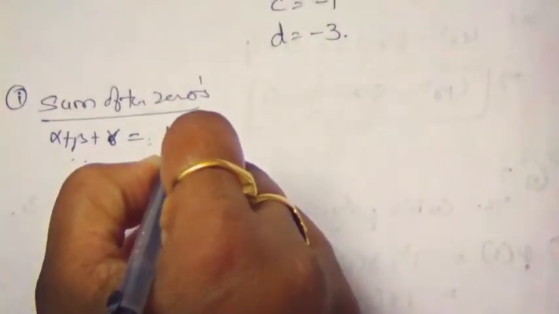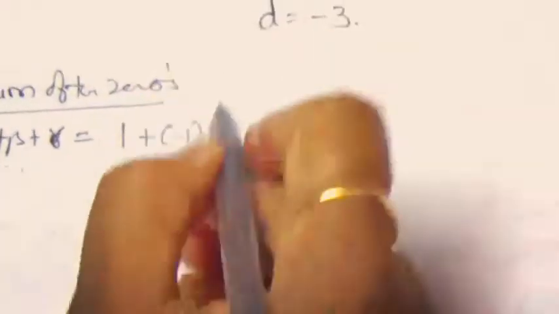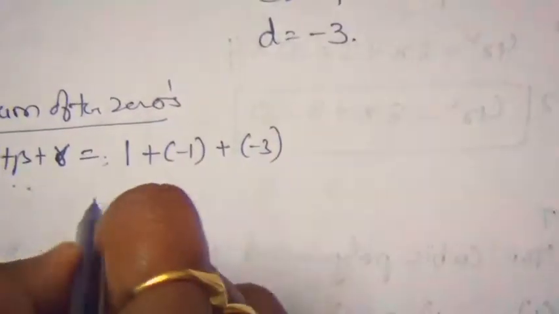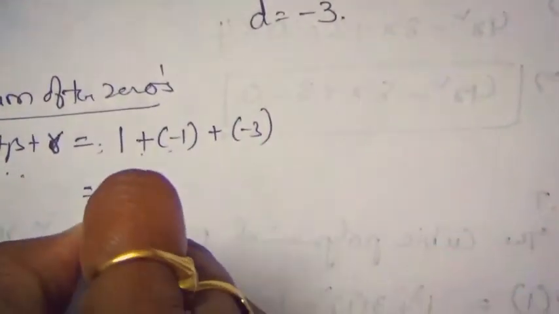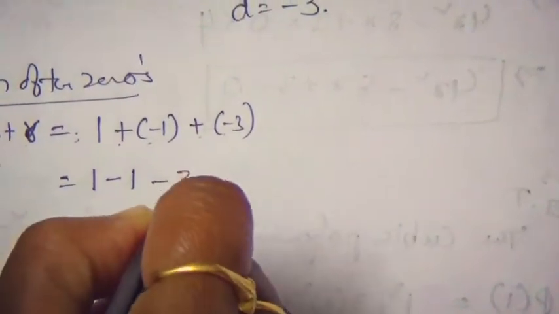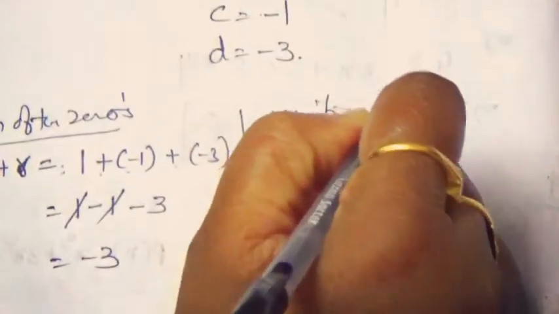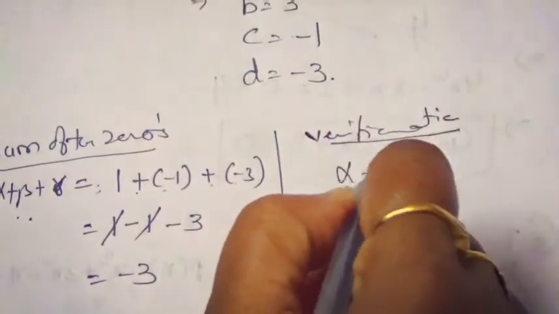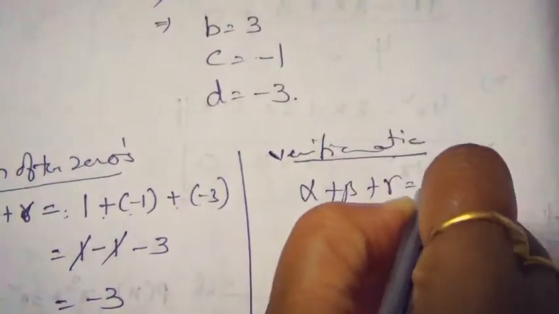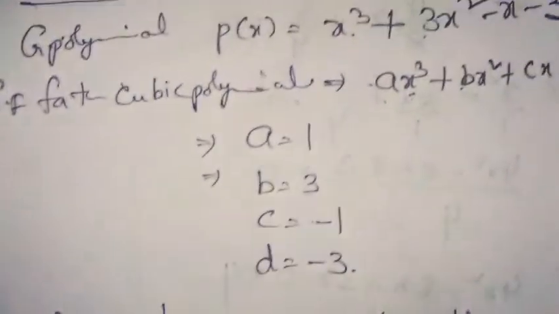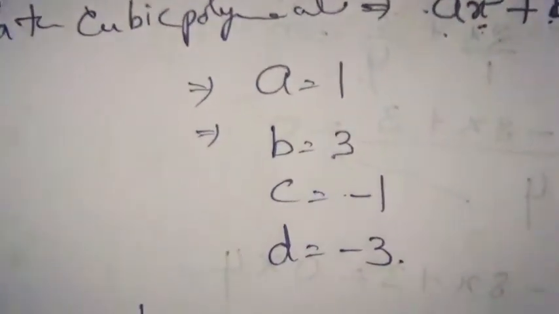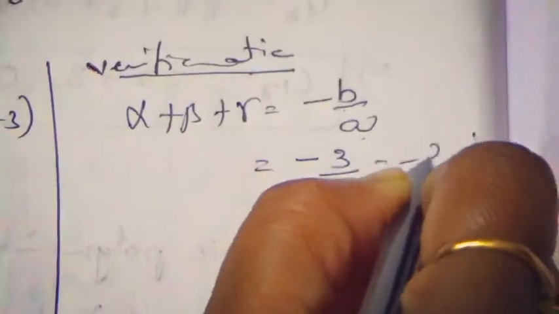So alpha, beta, gamma values we have to substitute here. 1 plus of minus 1 plus of minus 3. Plus 1 minus 1 cancelled, minus 3 we got here. We will check by the verification. Okay, by verification, alpha plus beta plus gamma is equal to minus b by a by the formula, right? So minus, what is the b value? Minus 3 by a value 1, that is equal to minus 3. Yes, we have the same answer by the verification also.